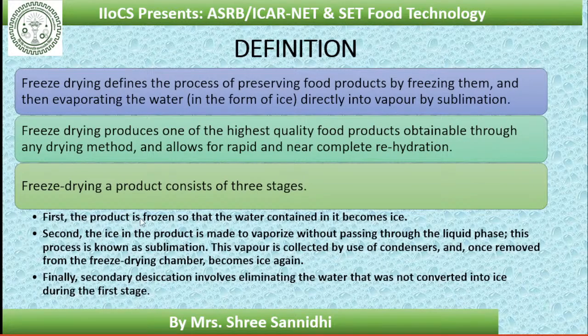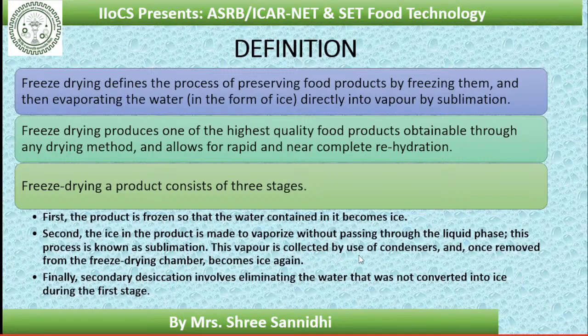First one, the product is frozen so that the water contained in it becomes ice. So once the food is frozen, then the ice in the product is made to vaporize without passing through the liquid phase. This process is known as sublimation.